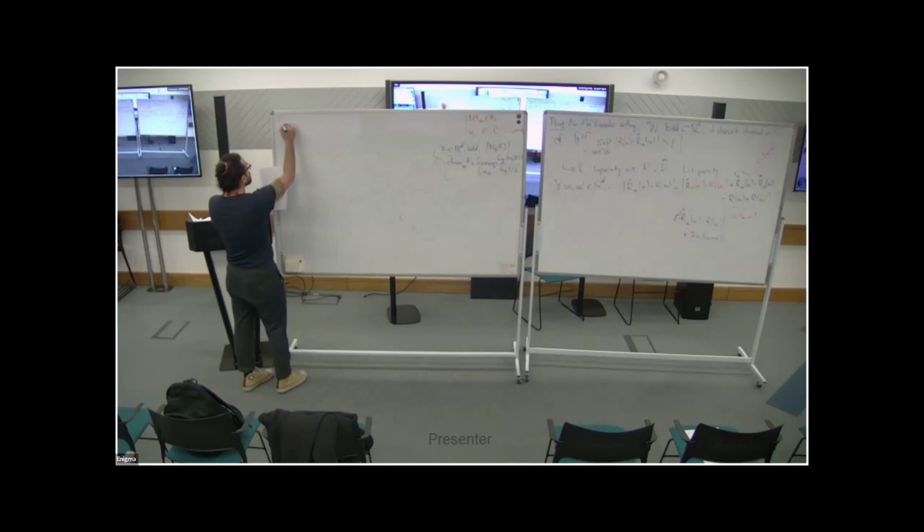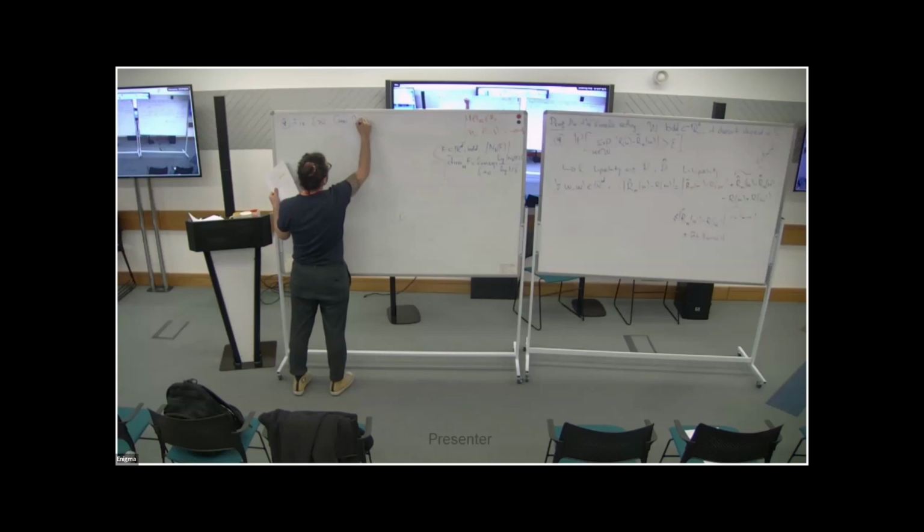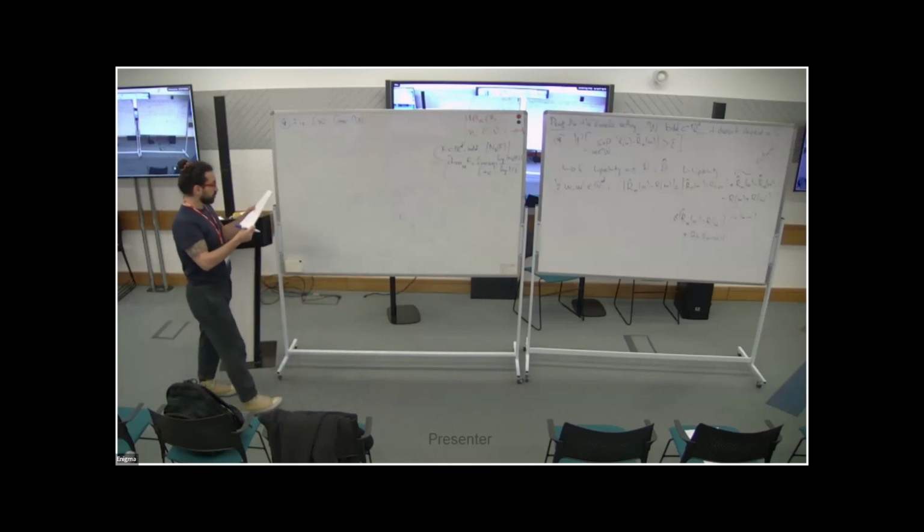So what we are going to do is fix a positive delta, and then cover this curly W with delta balls, with the minimum number of balls.